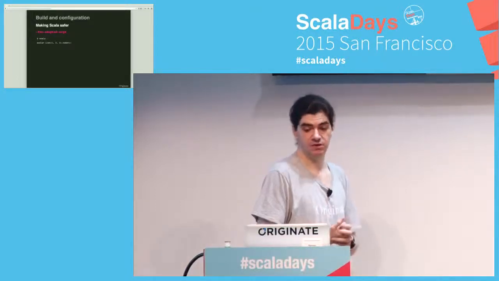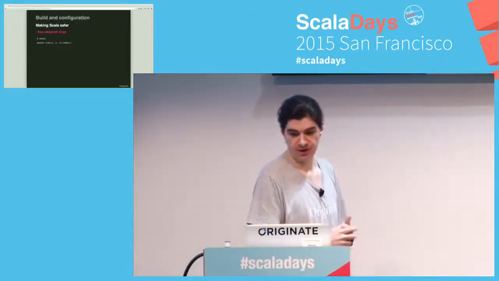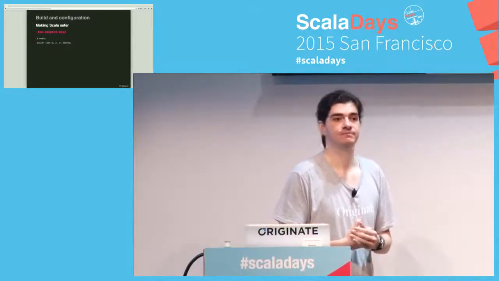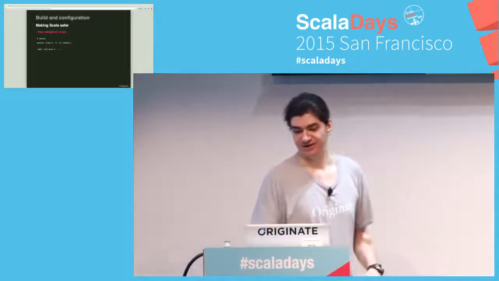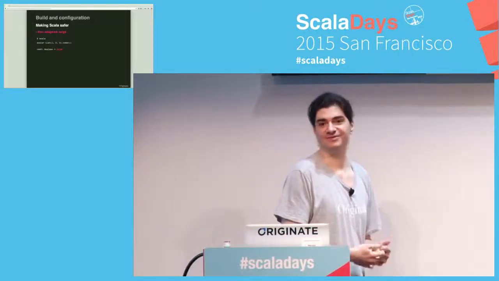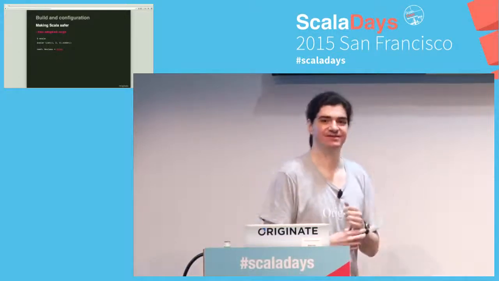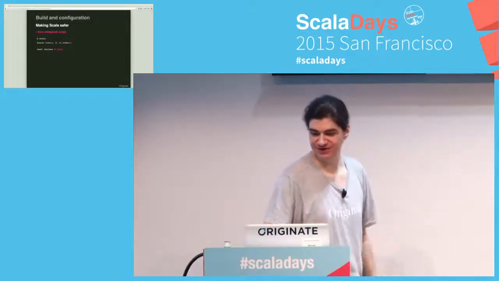Let's say that you have a list of 1, 2, 3 and you call toSet with parentheses. Can anyone tell me what's the result of this expression? Surprisingly, it is a Boolean false. And I'm going to leave it as an exercise to the reader to figure out why this is not a Set(1, 2, 3).